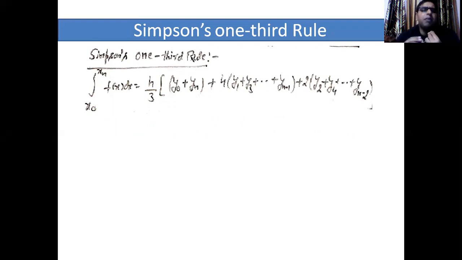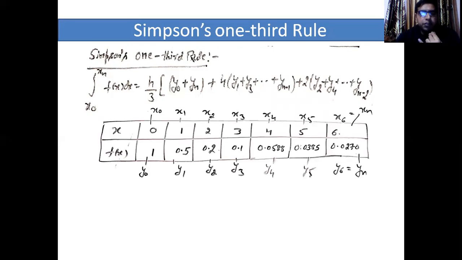So we remember this formula as h by 3 times the sum of first plus last, 4 multiplied by the odd suffixes, and 2 multiplied by the even suffixes.